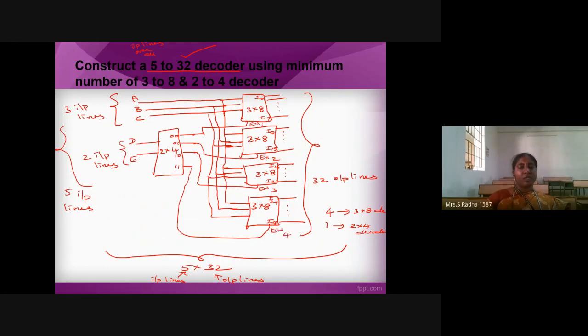Whether it is with bubble or without bubble, with inverter or without inverter, depends on the internal design, whether it is with AND gate or OR gate. So overall, our answer is 5 decoders are used: 4 3 by 8 decoders and 1 2 by 4 decoder are required to design this.